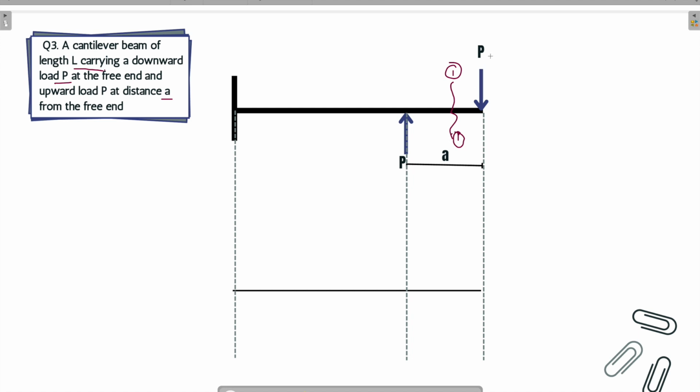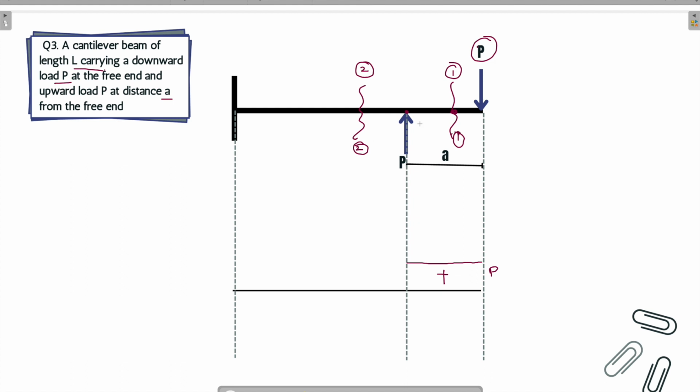Now, this P is trying to rotate the beam in the clockwise direction along the section 1, 1, right? And its magnitude will be how much? P only. So it will be positive. Now, if you pass this loading and cut a section over here, let this section be 2, 2.